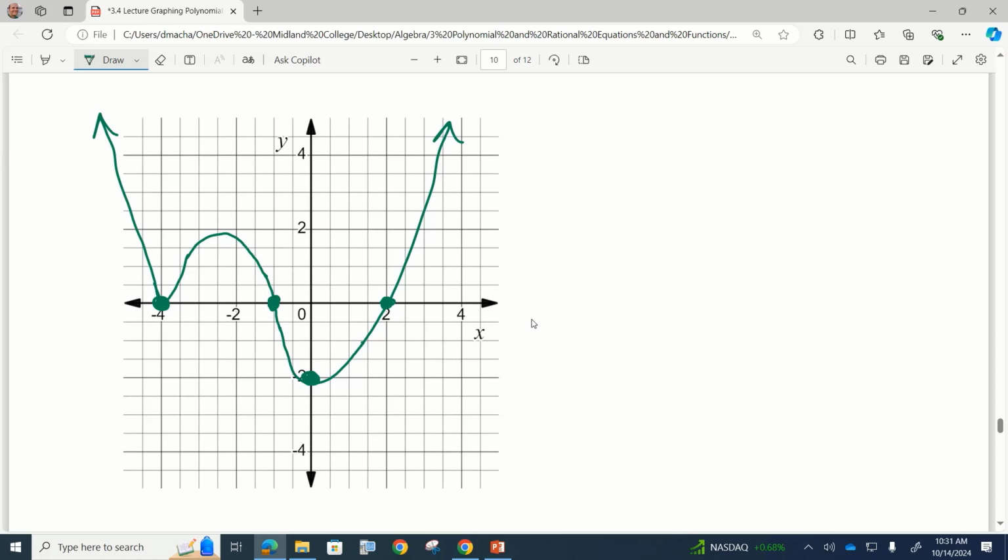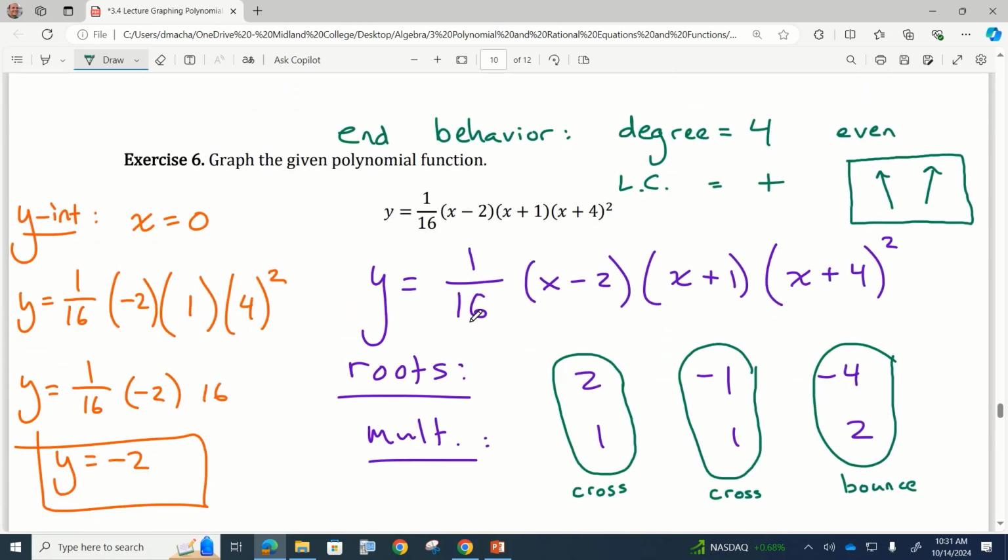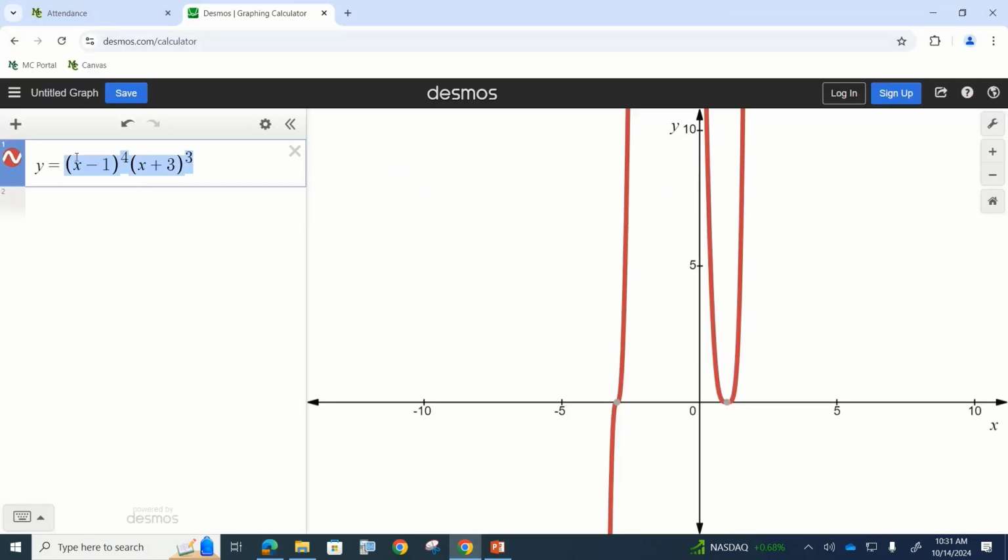And this is good enough. The way you could check your work if you're doing this problem is with Desmos, right? You go back here and type in 1/16 x minus 2, x plus 1, x plus 4.